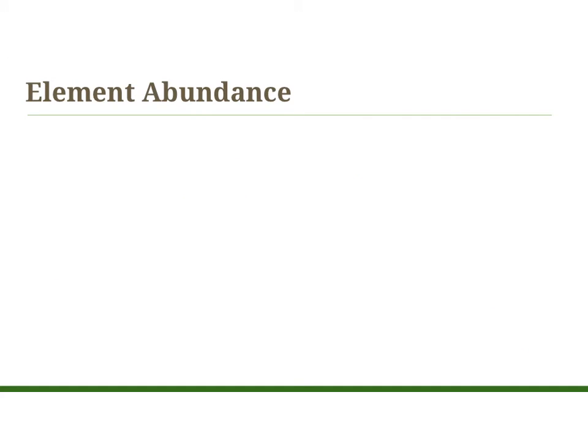Now, element abundance. This is a little bit tricky. We have to talk about this here. Element abundance, what we need to understand is that some isotopes in nature exist more frequently in nature than others.